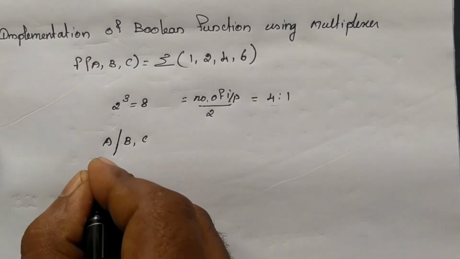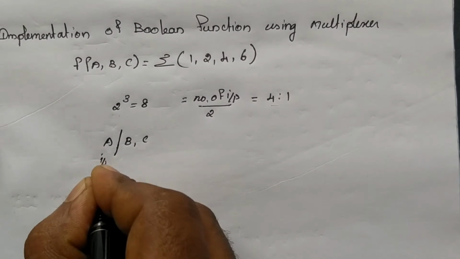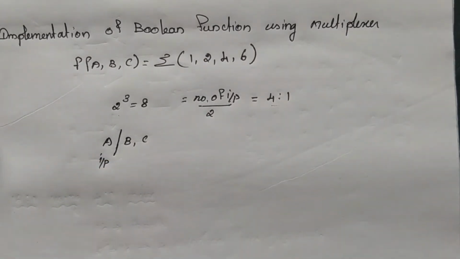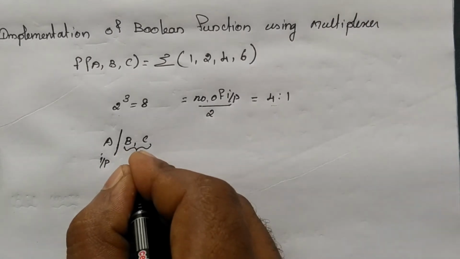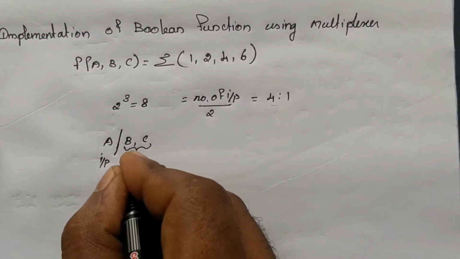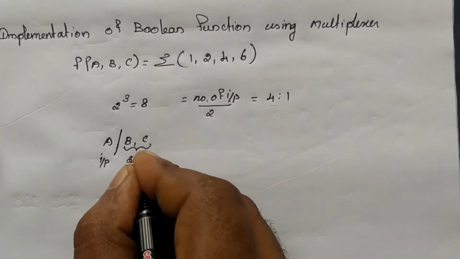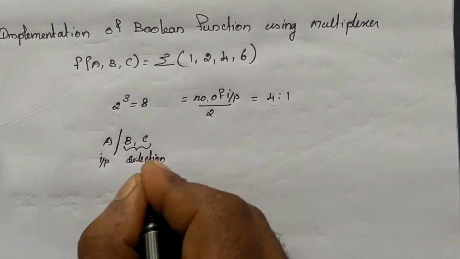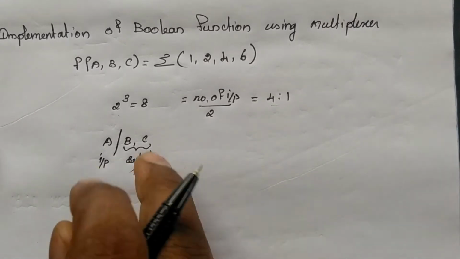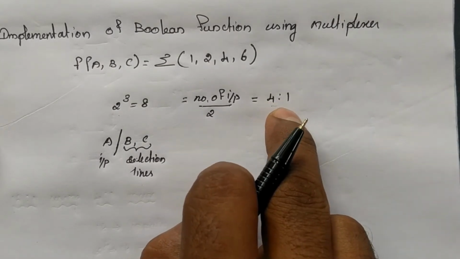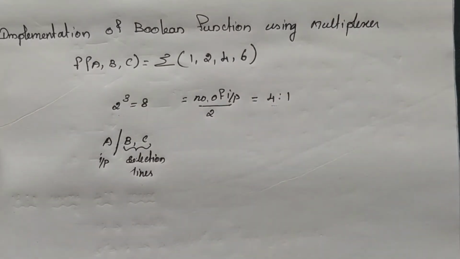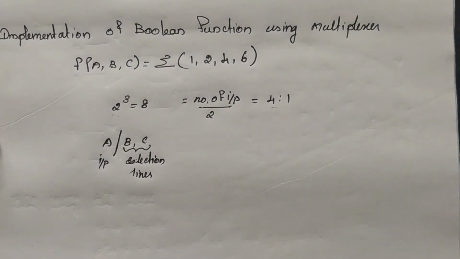Therefore here a is the first variable, so I am considering it as input. Here I am having the remaining 2 variables, and these variables I am considering for selection lines. Here we are having 4:1, 2 power 2, therefore we need to have 2 selection lines. Now we will go for the implementation.